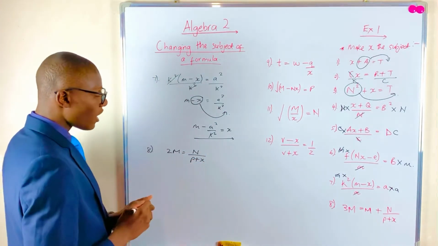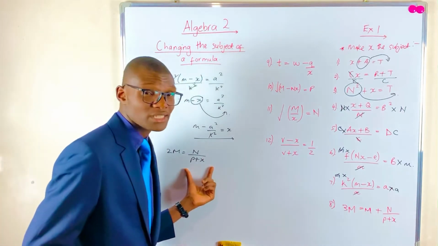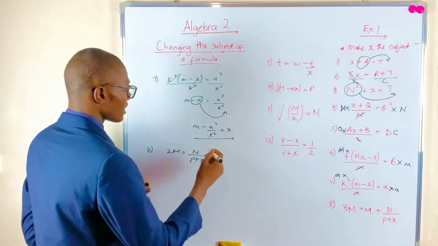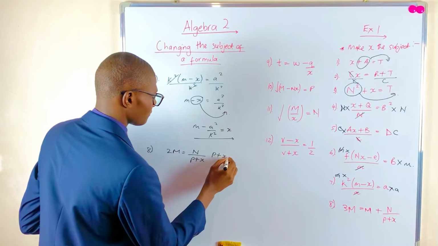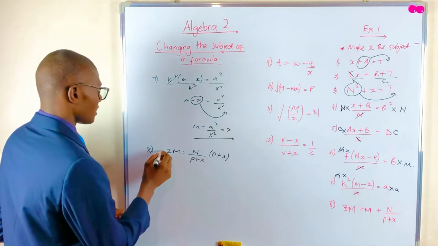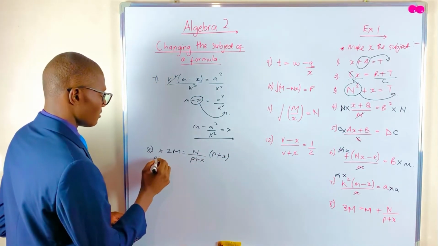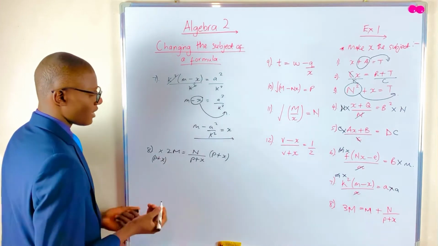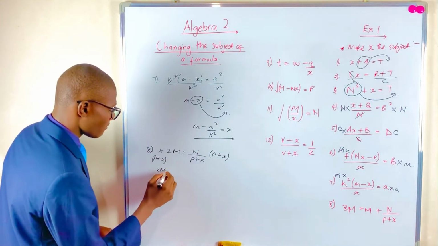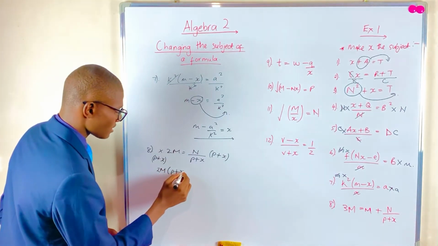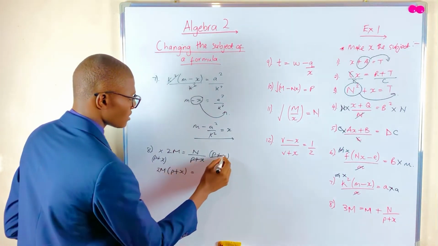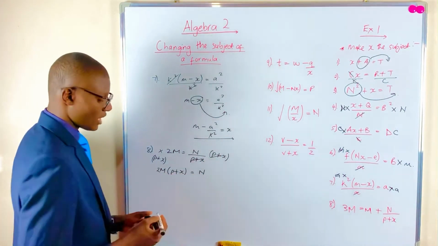Now we have to get rid of this denominator, which means multiplying both sides by p plus x, such that we've got 2m times p plus x being equal to n.